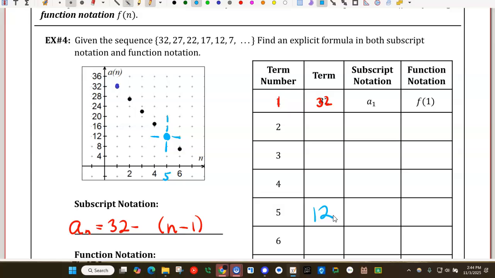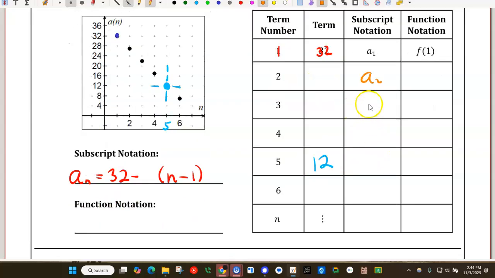Other than this being a vertical chart compared to a horizontal chart in the last problem, same thing. So go ahead and do that. The last columns are just straight A sub 2, 3, 4, F of 2, 3, 4. There's nothing, it's just showing the two different representations side by side. So I'll fill this out.